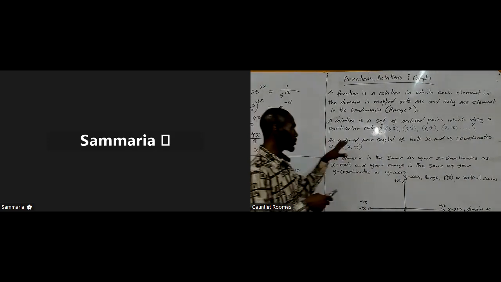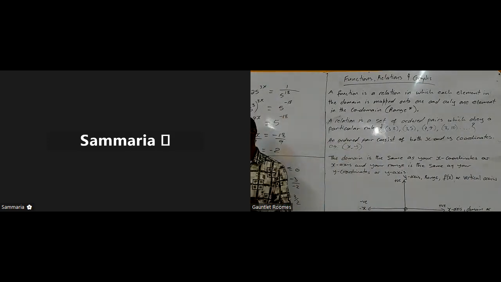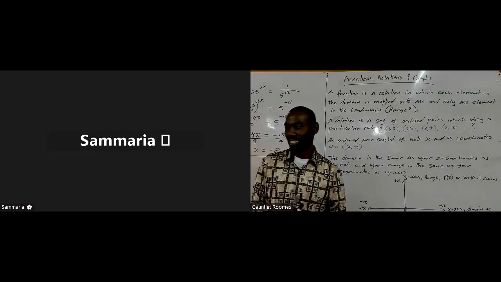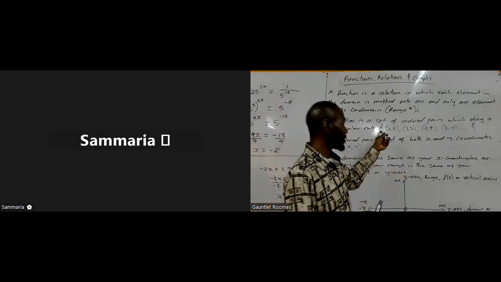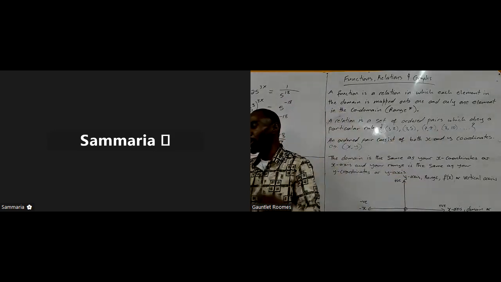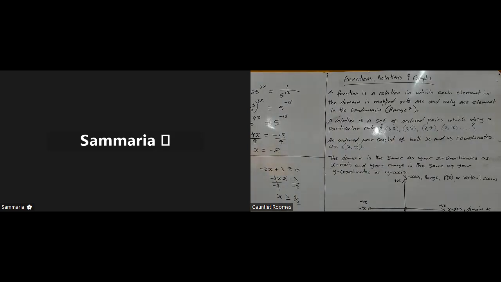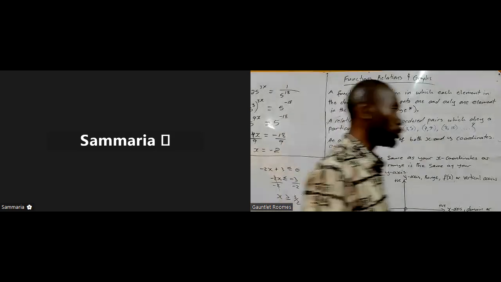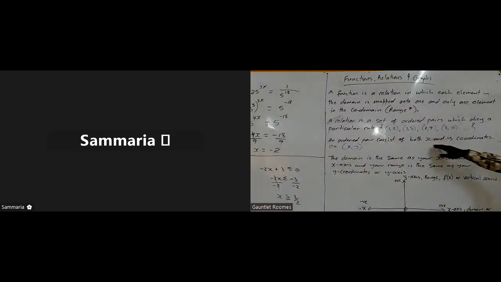Now, let's talk about an ordered pair. Since a relation is a set of ordered pairs, let's show you an example of what a set of ordered pairs is. An ordered pair consists of what we call the x and y coordinates.